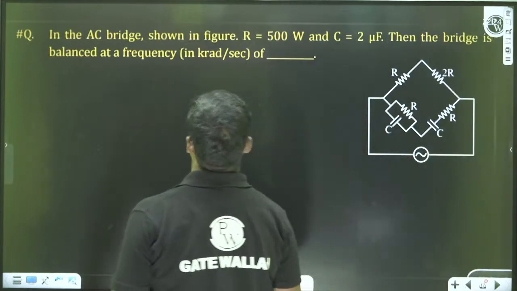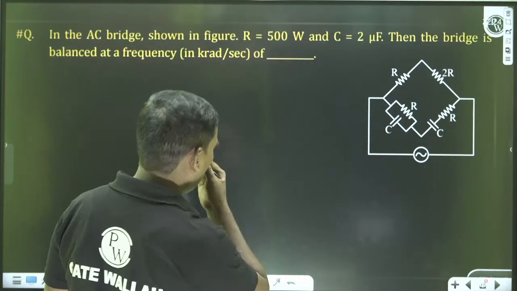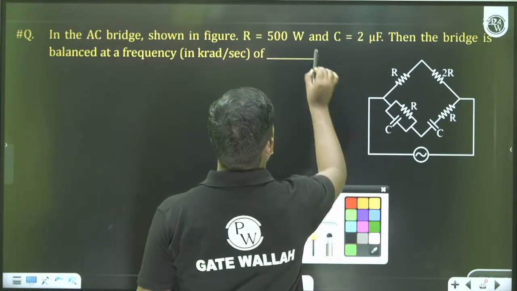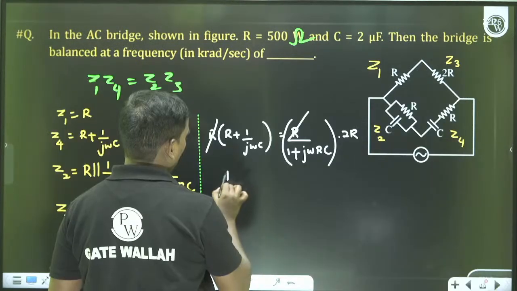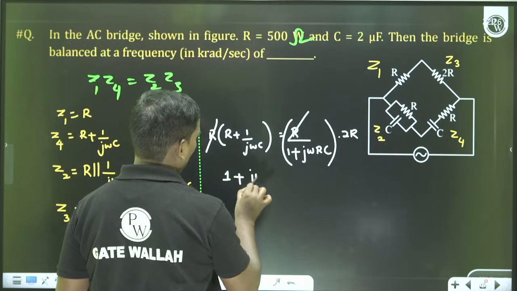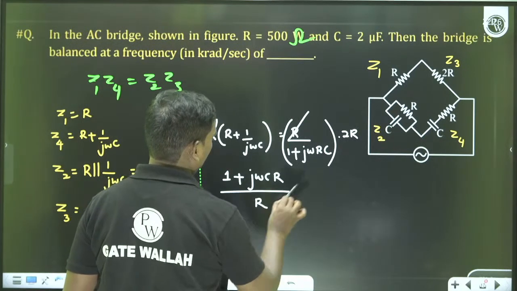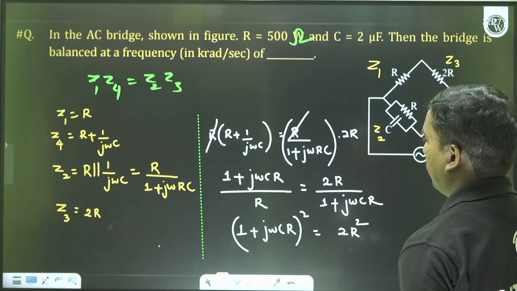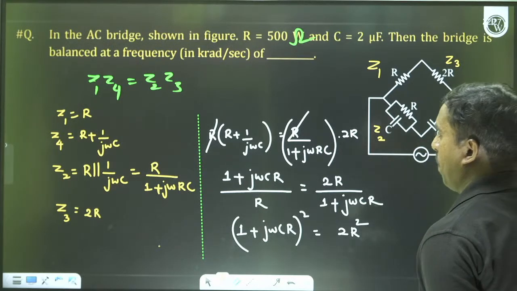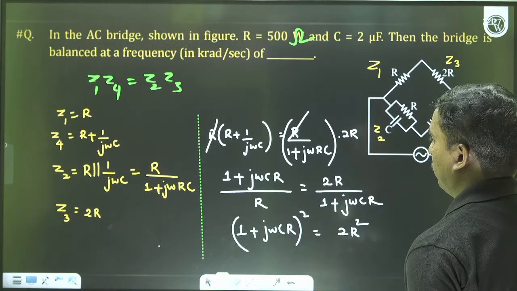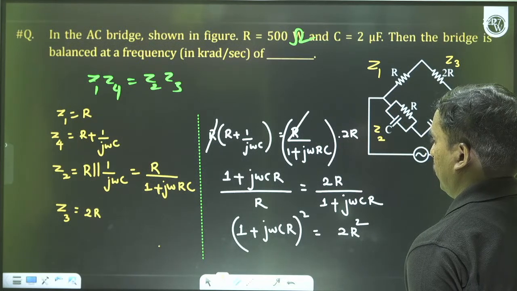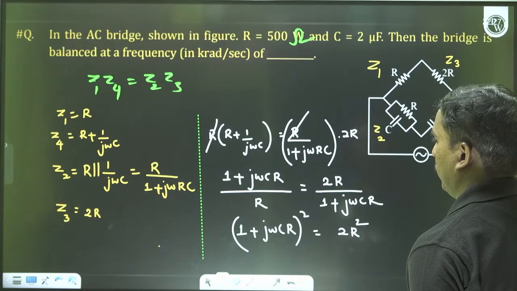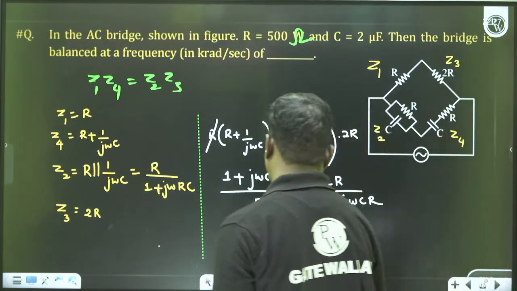In the AC bridge circuit, R is equal to 500 ohms. This should be ohms, please make a correction. 500 ohms, C is equal to 2 microfarads. Then the bridge is 1 plus j omega CR by R. Mistake.